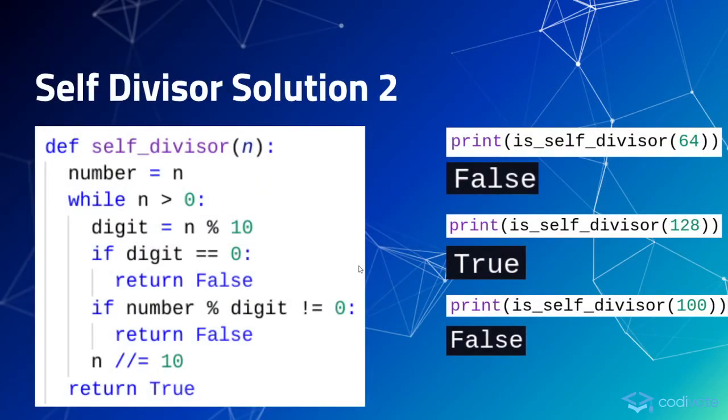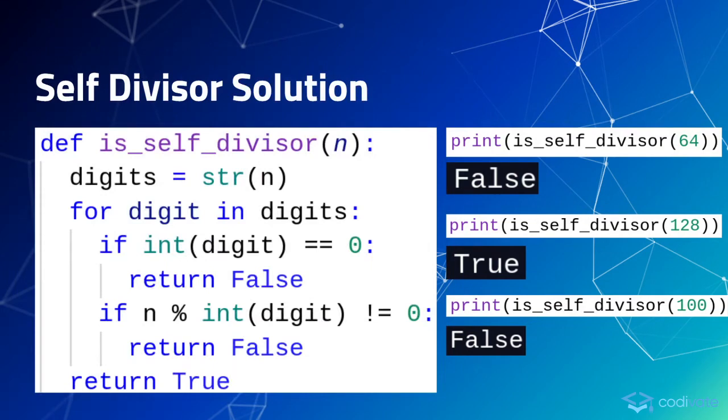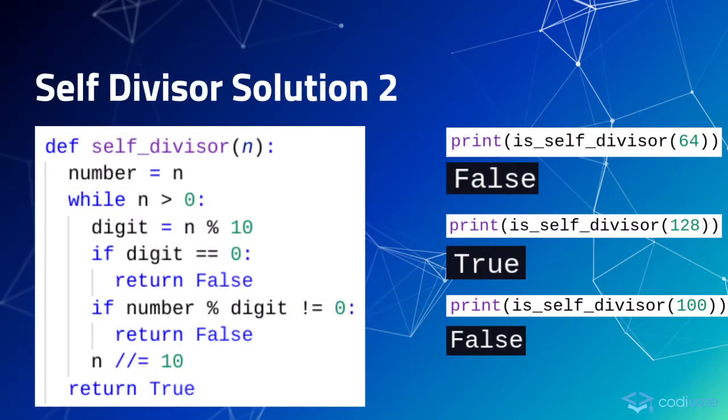So the solution that we just went over is very simple to use in Python, but not easy to apply into other languages. So we're going to go over a solution that also works in other languages. We have a very similar function header here, def self-divisor, and this time we're going to be using an approach that we've used before when going through digits in a number.